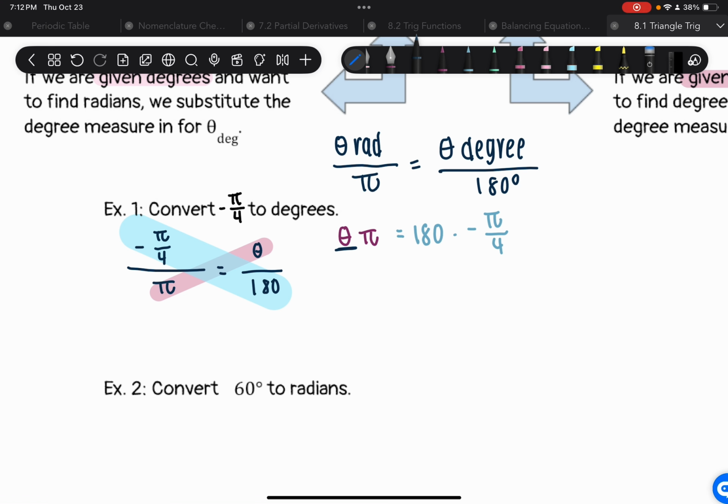So 180 times pi divided by 4 would give me a negative 45. 180 divided by 4, negative 45 pi, then equals theta pi. And now I want to get rid of the pi so I can have just my degree alone, because I'm trying to just find degrees. So I can divide both sides by pi, which would then give me my answer of negative 45 degrees.